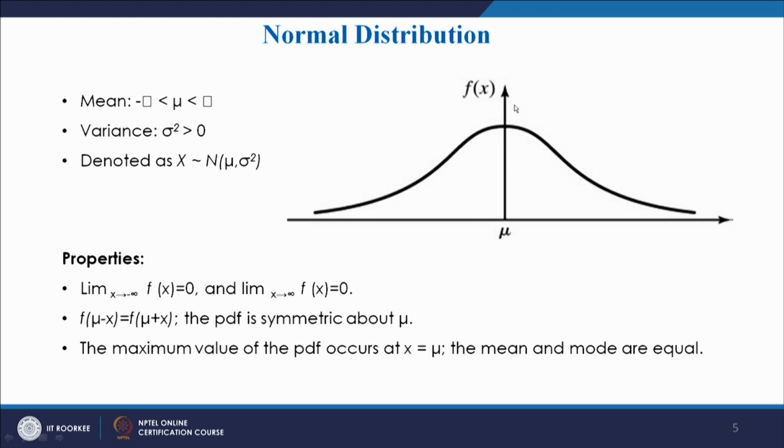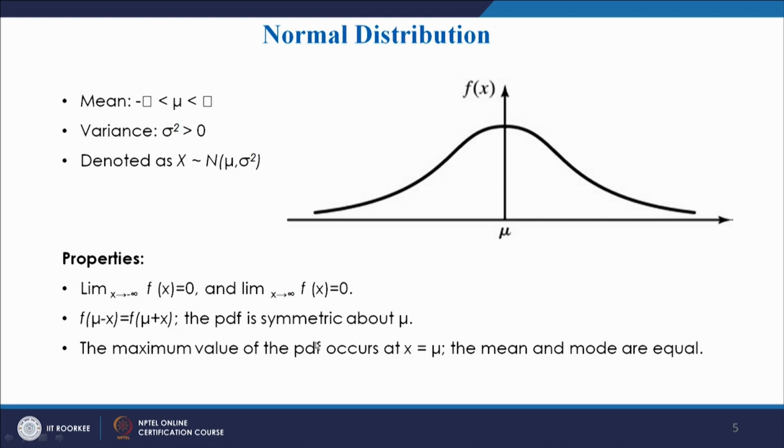Then this PDF, if it is a standard normal distribution, will be symmetric about mu. So the probability value f(x) at any point equidistant from mu on either the left side or the right side will be the same. So f(mu minus x) will be f(mu plus x).